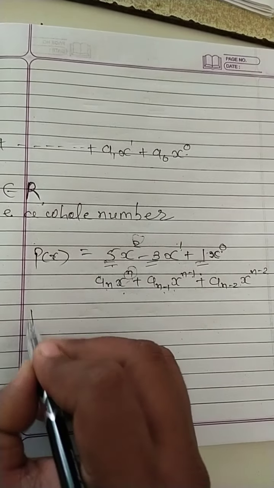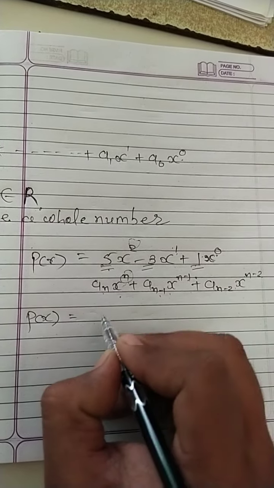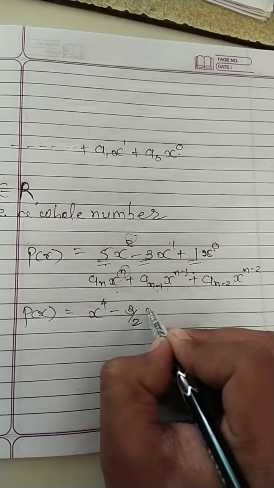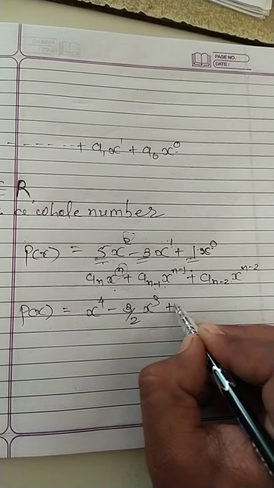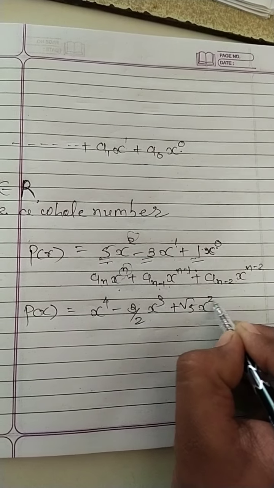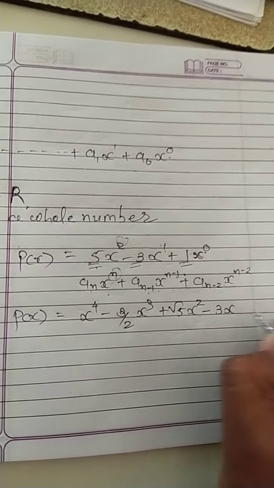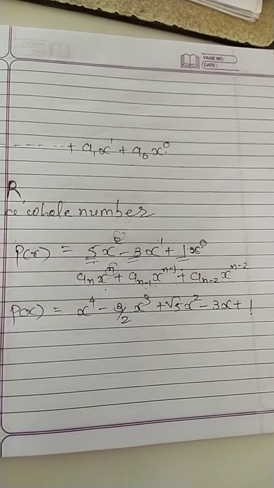For example, I am writing p of x is equal to x raised to 4 minus 3 by 2 x cube plus root 5 x square minus 3x plus 1.